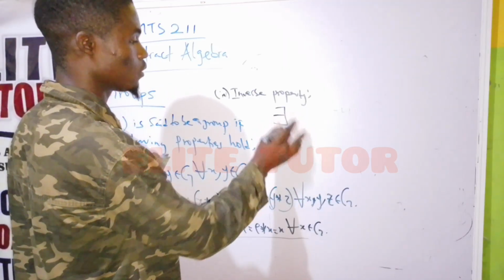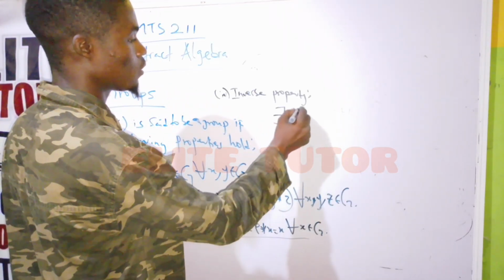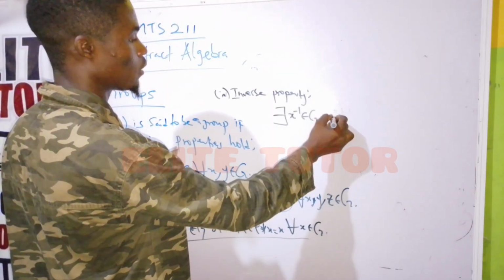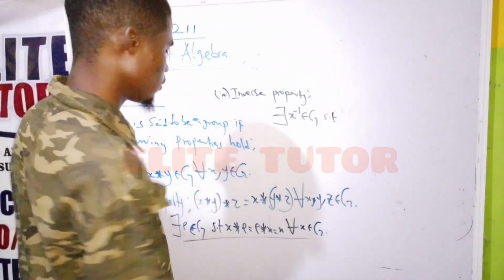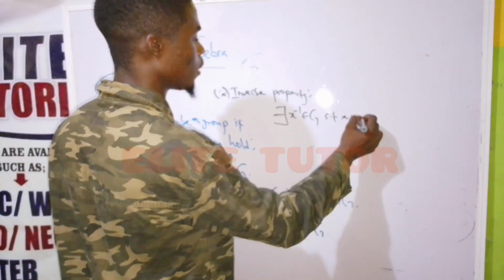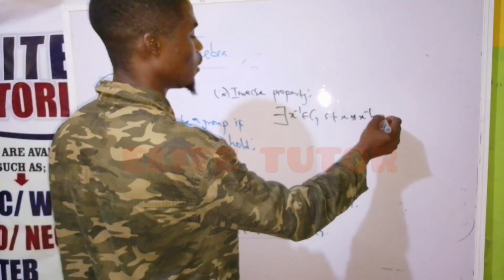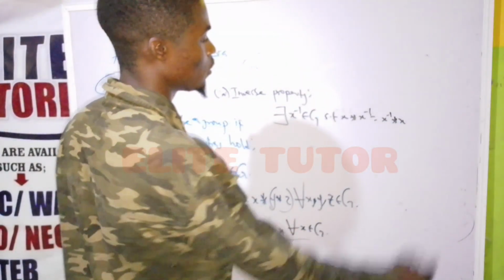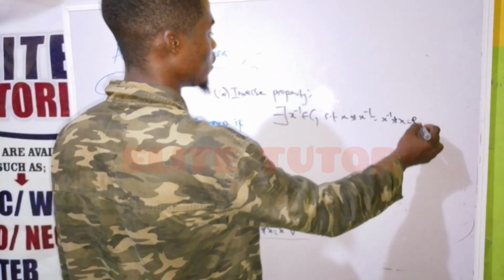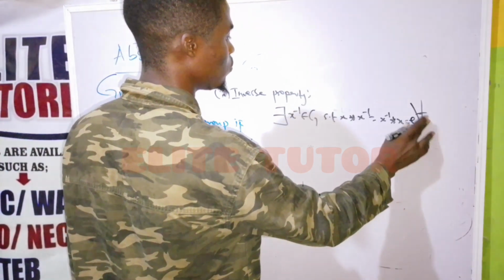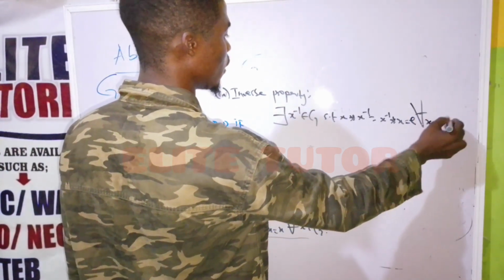There exists an inverse in G such that x operation x inverse is equal to x inverse operation x equals the identity, for all x in G.